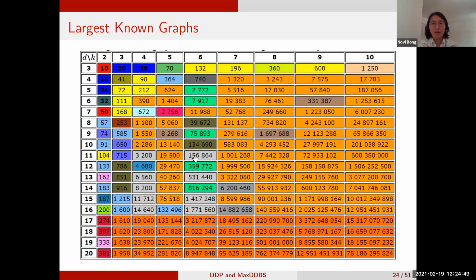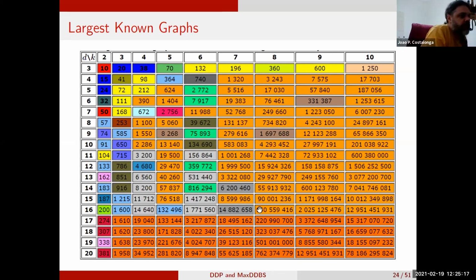And these are the largest graphs that they can construct. On the same web page, you can also see they compare with the Moore bound, and they tell you how far away it is from the largest graph. There's still a lot of room for improvement. A lot of them are less than 50% of the bound.